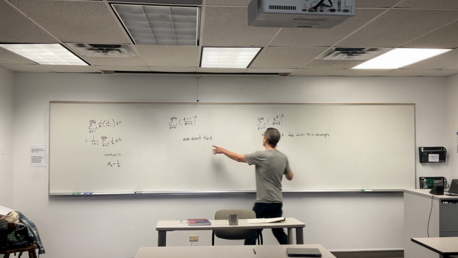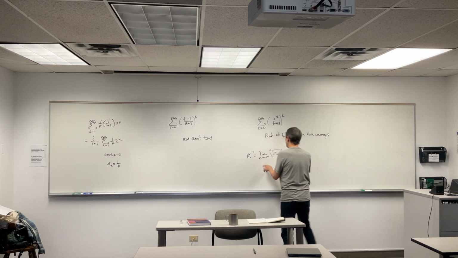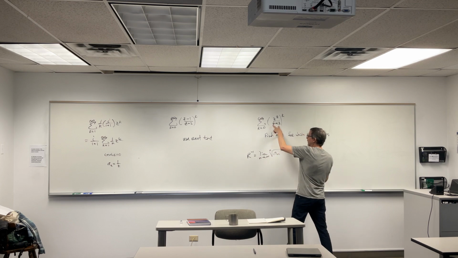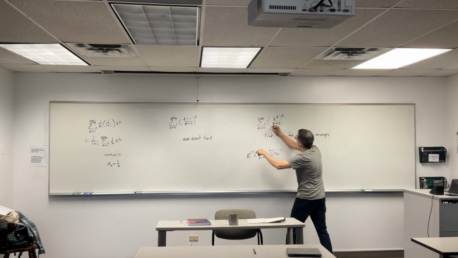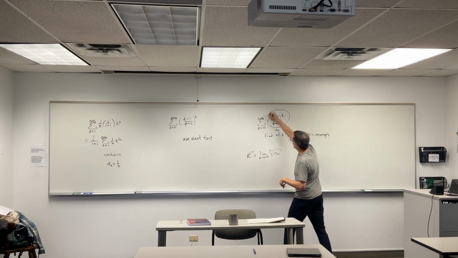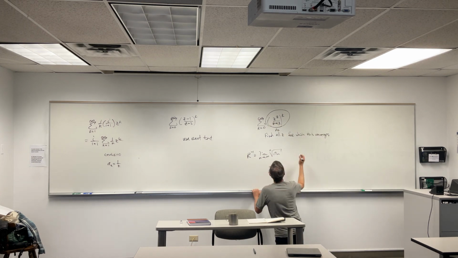So when I say use the root test, I'm going to use this version of the radius: the limit as n goes to infinity of the nth root of a sub n. I'm just going to treat this whole thing as a sub k.